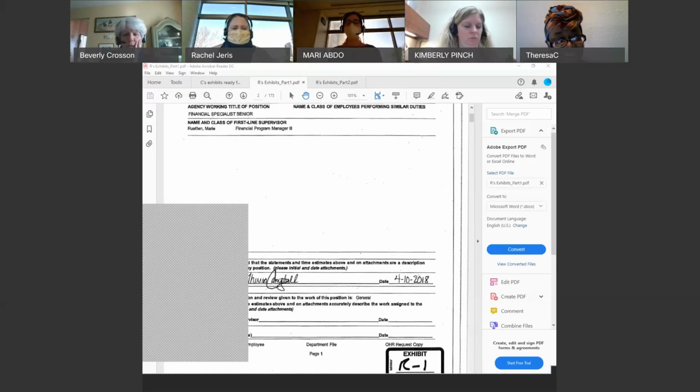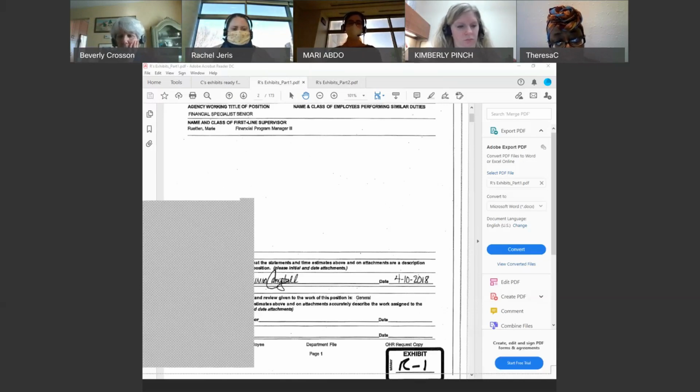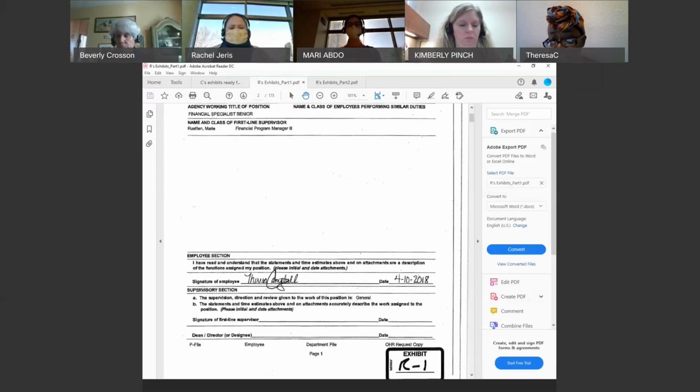Well, let's see what we can do with this. It would be great if I could expand that, but I don't see that. Something is causing a gray box. There you go. Never mind. Part of the exhibit was blocked out, but we can see it. I can see it now.